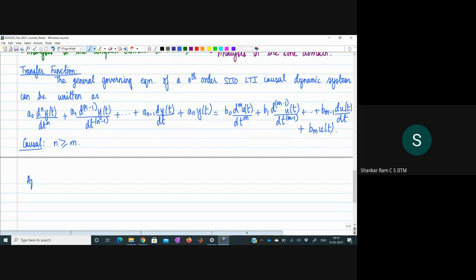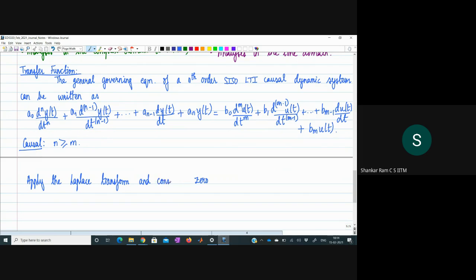So what we do is we apply the Laplace transform on both sides and consider zero initial conditions. This is the definition of the transfer function, is it not?